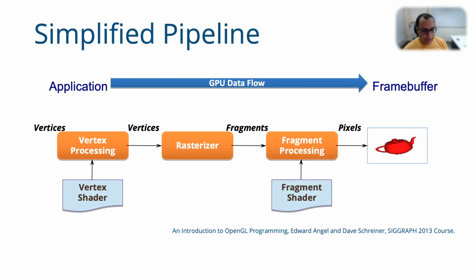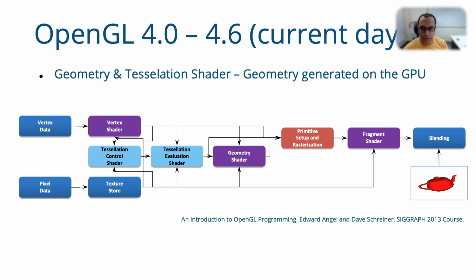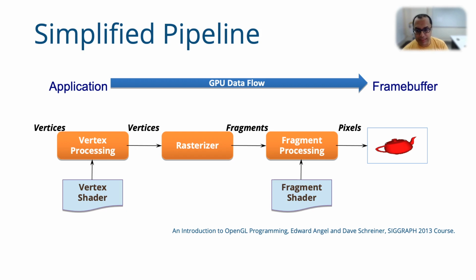We do not need to know all these complicated stages of the pipeline. We can have a much simpler view of the pipeline for now, and this is the view that we will mostly talk about. Remember that this is the simplified pipeline that exists on the GPU.